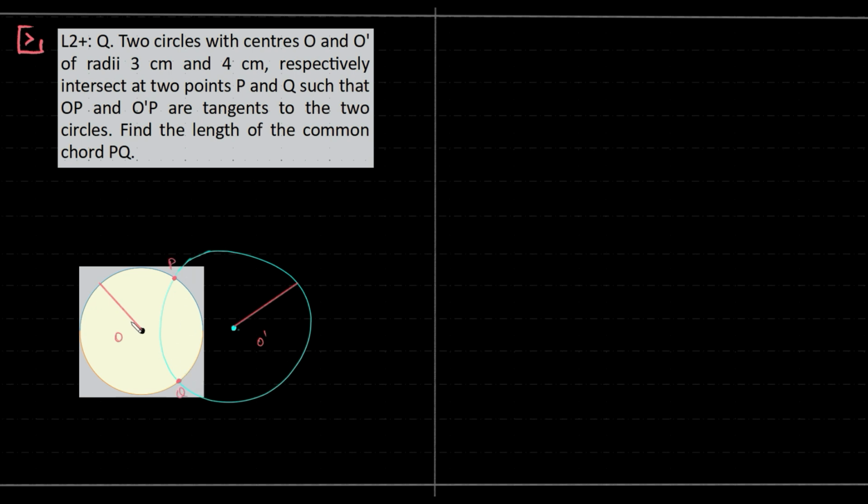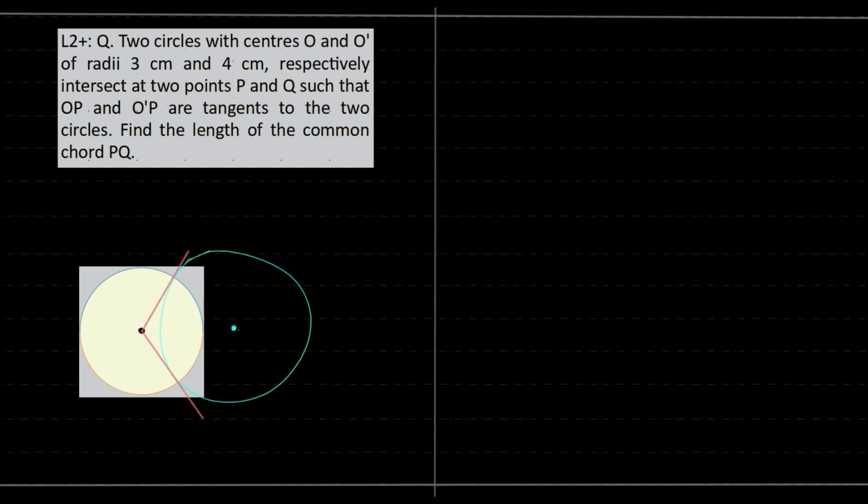Now, if I join OP and O dash P, they happen to be tangent. Similarly, at this end also, we have the tangents. Let me make it a bit better to look at, not confusing.